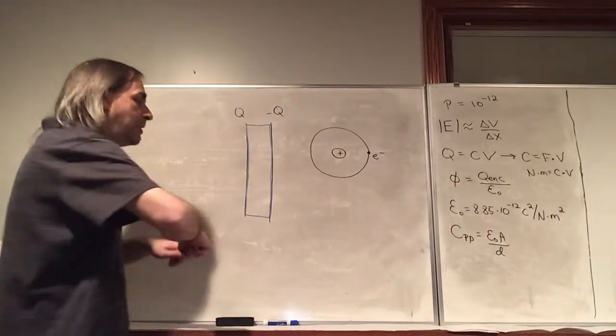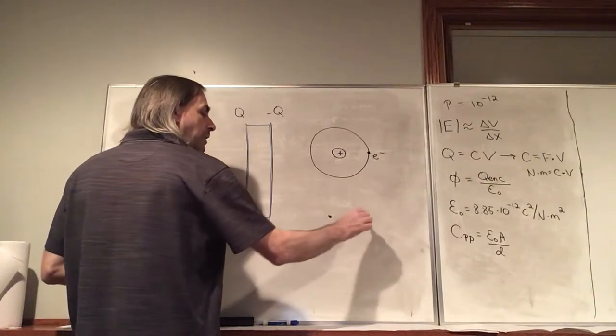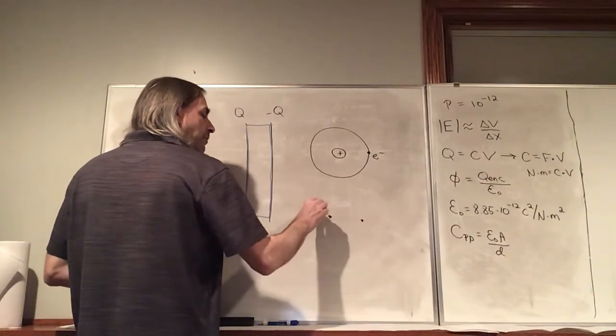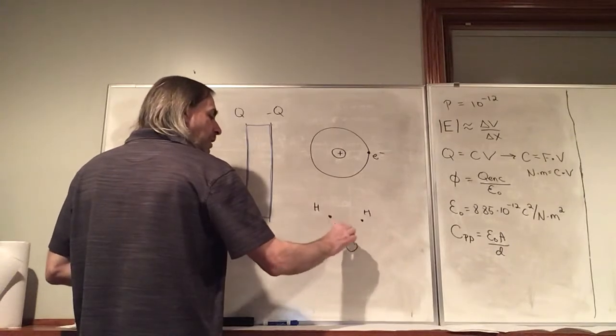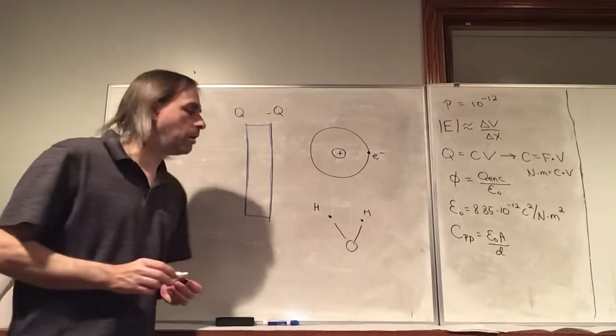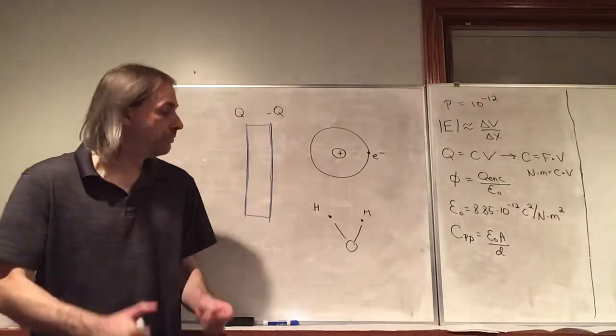Now I want to compare this to something like, say, a water molecule, which is H2O. So say we have two hydrogen, and we have our oxygen here. And overall, a water molecule is electrically neutral.